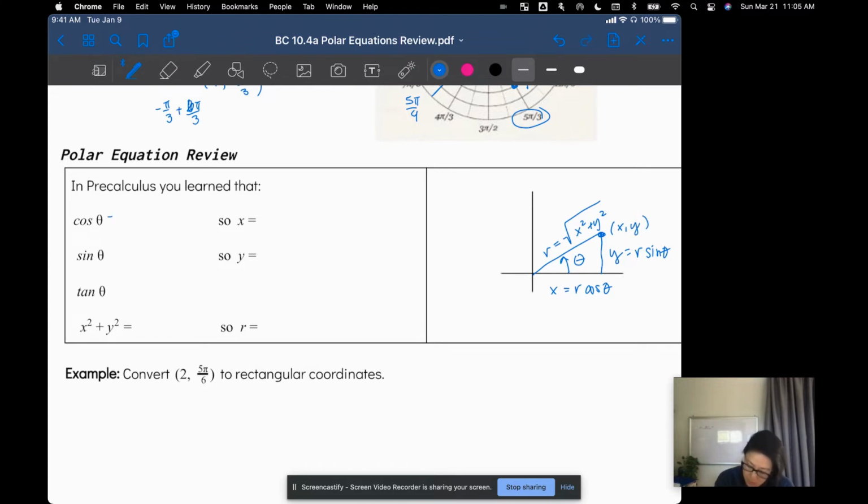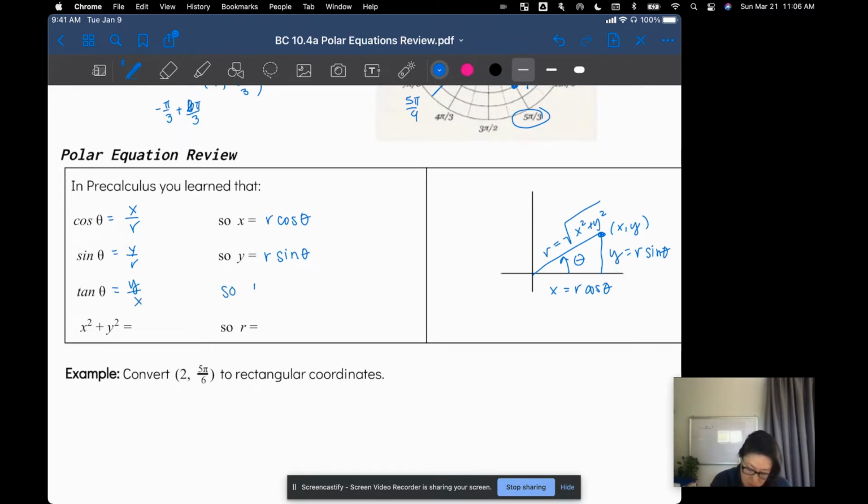I know that cosine theta is equal to the x over the r length, which, if I solve for x, is r cosine theta. I know sine is y over r, so if I solve for y, that would be r sine theta. Tangent theta is equal to y over x.